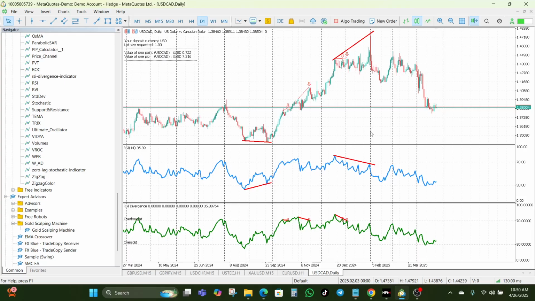So if you want to be more confident in spotting reversals and making smarter trades, this tool is an absolute must-have. Just like I said before, every trader has their preferences.